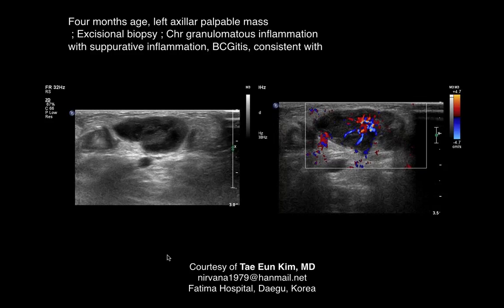The most common bone and joint disease is found in the spine, thoracolumbar, and then knees and hips. 1 to 8% of tuberculosis affects the skeletal system.